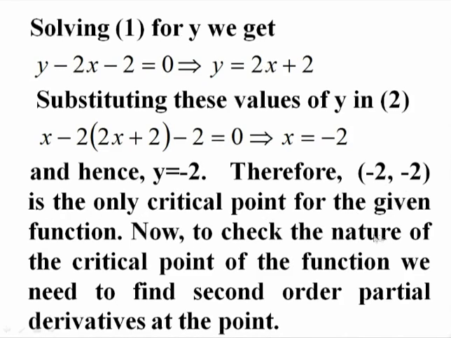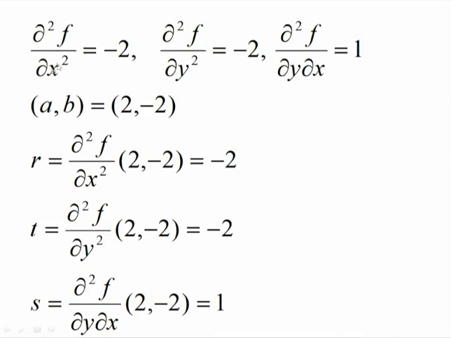Now to check the nature of the critical point of the function, we need to find the second order partial derivatives at the point (a, b), or at the point minus 2, minus 2. So del square f by del x square is the partial derivative of del f by del x with respect to x.